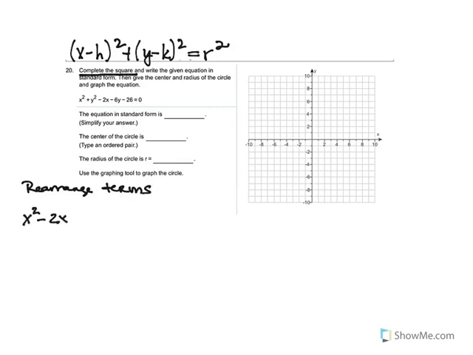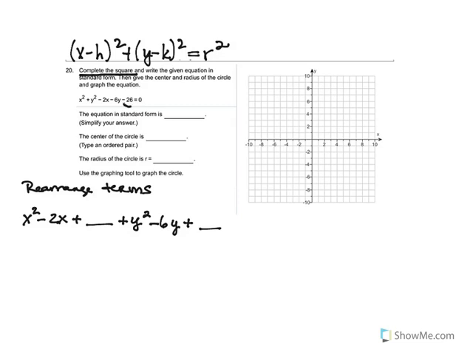You want to get the x values together, and because they told us we have to complete the square, you are going to account for the value that we are going to find when we complete the square, which, remember, is the constant term, because we are creating a perfect square trinomial. So I rearrange the terms so that my x terms are together and my y terms are together.